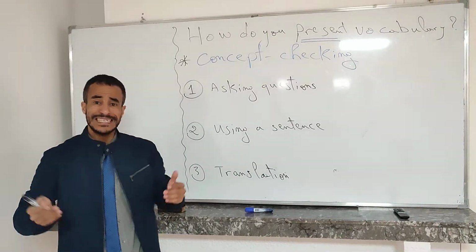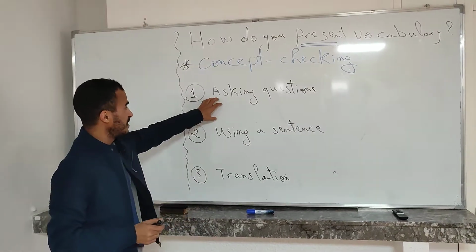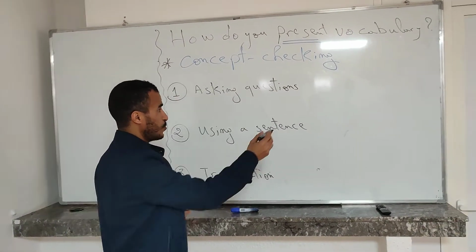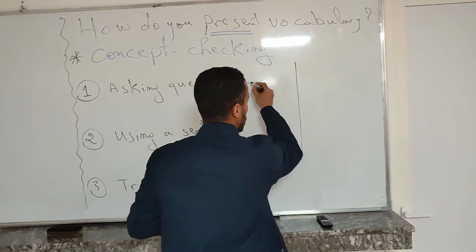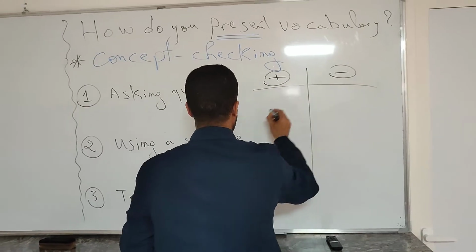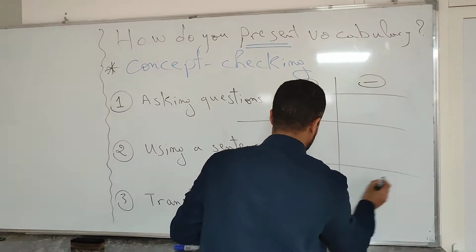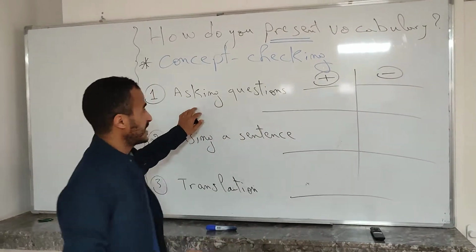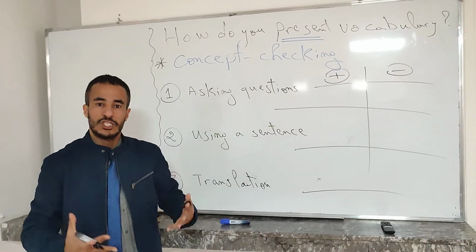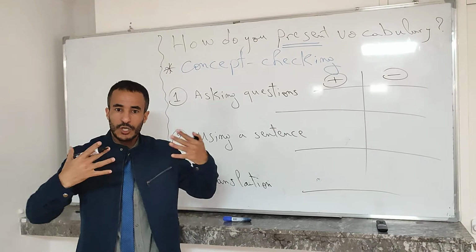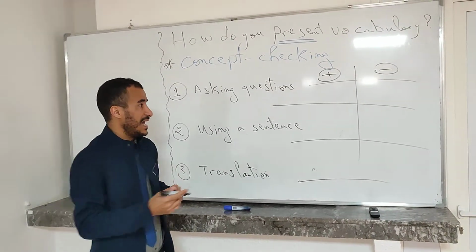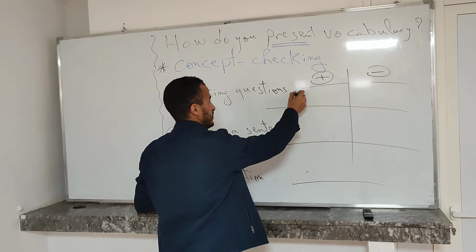Great. Now, every technique here for concept checking has both something good and something negative. If we say asking questions, what is good here is the communication, the target language. They are using English, and you make sure that they understand or not. And it's time saving.